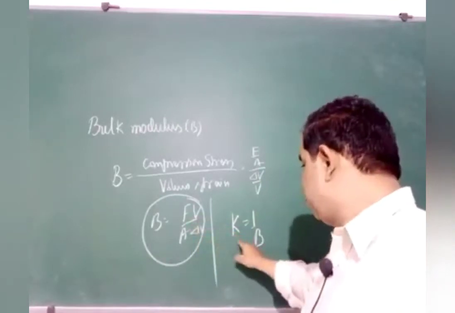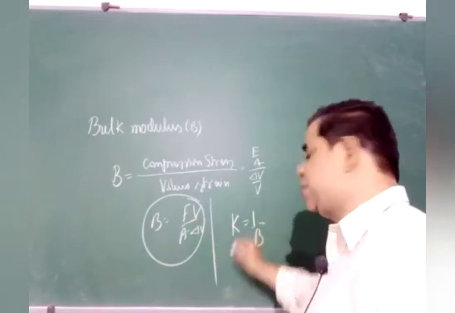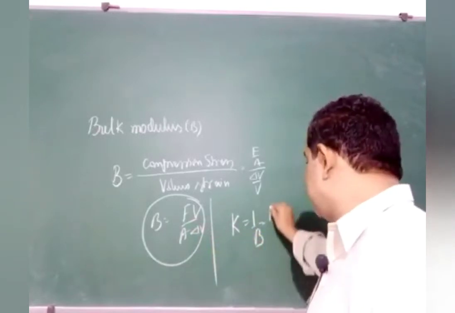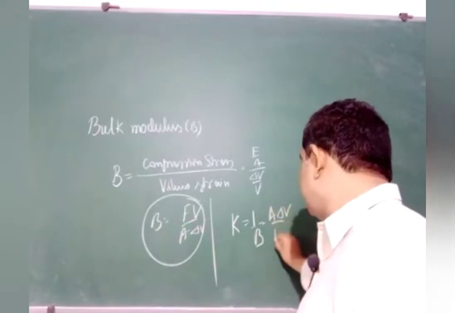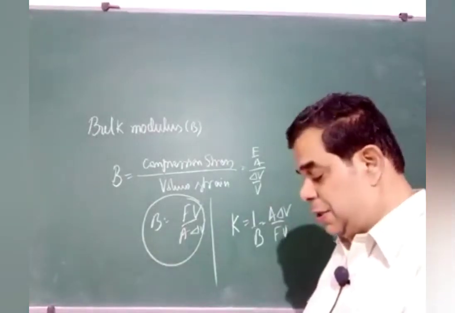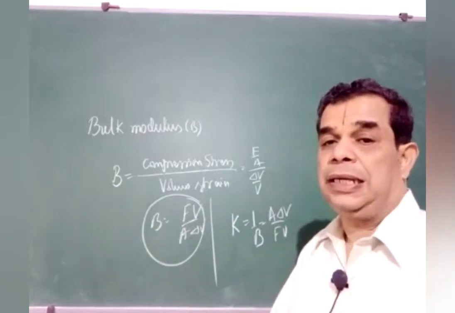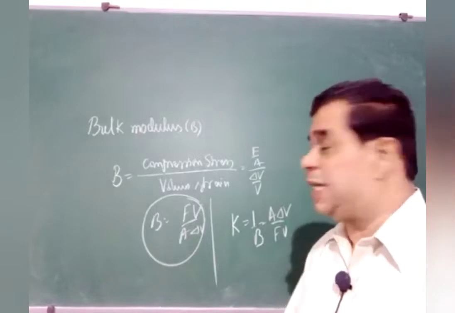And its reciprocal is compressibility, and it can be written as A delta V by F V. That is after the reciprocal.